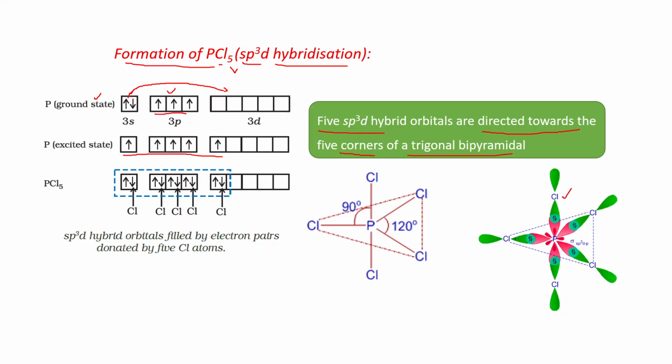These in red color are the sp3d hybrid orbitals of phosphorus, and each of the 5 chlorine atoms overlaps with its half-filled p orbital with an sp3d hybrid orbital of phosphorus, forming 5 bonds, and these 5 bonds are arranged in a trigonal bipyramidal manner.